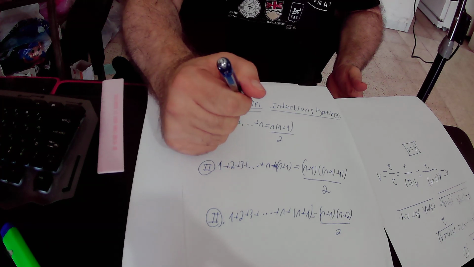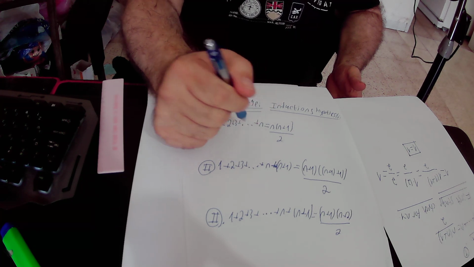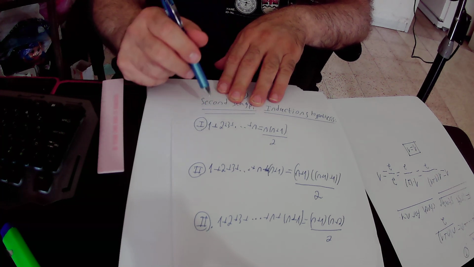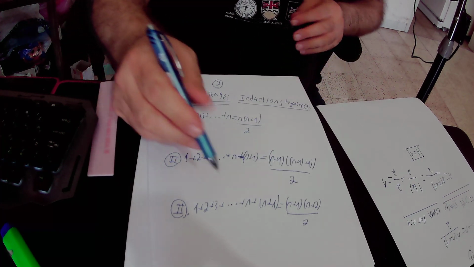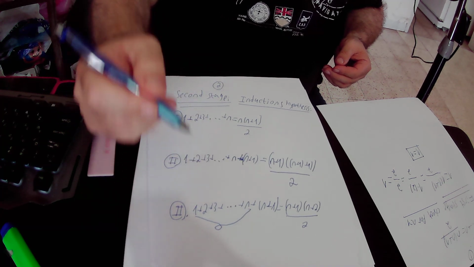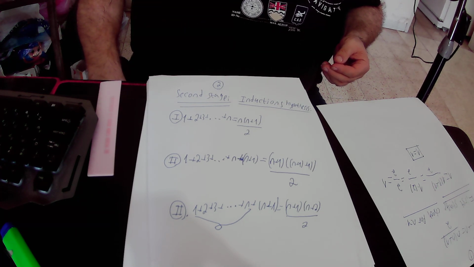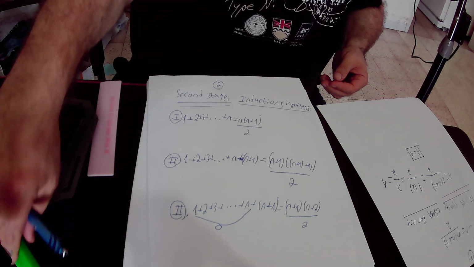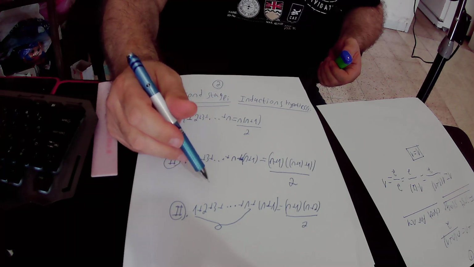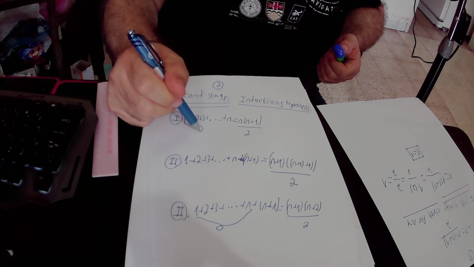Okay, and we will rely on our induction assumption that the statement for n is true, that equation 1 is true. Okay, so if we look at this expression, 1 plus 2 plus 3 plus ... plus n, we can see immediately that this expression is exactly the same as this expression.